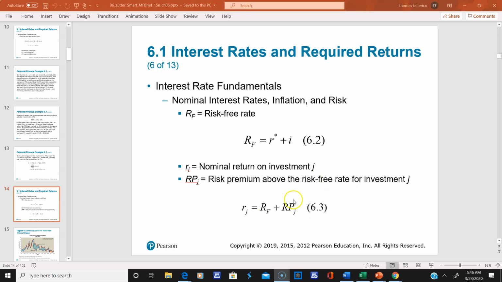This is the term that gives you the risk premium for anything else except government securities. So if a bond is in default, or a company's in default, or even any corporate bond, anything above and beyond the risk-free rate for a treasury security is shown by that equation.